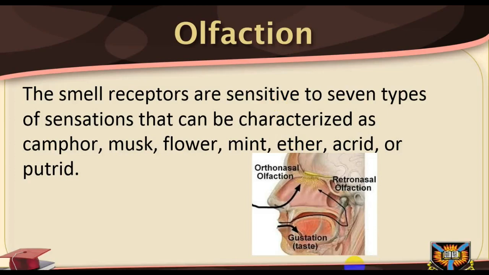The smell receptors are sensitive to 7 types of sensations that can be characterized as camphor, musk, flower, mint, heather, acrid, or putrid. The sense of smell is sometimes temporarily lost when a person has a cold. Dogs have a sense of smell that is many times more sensitive than man's.